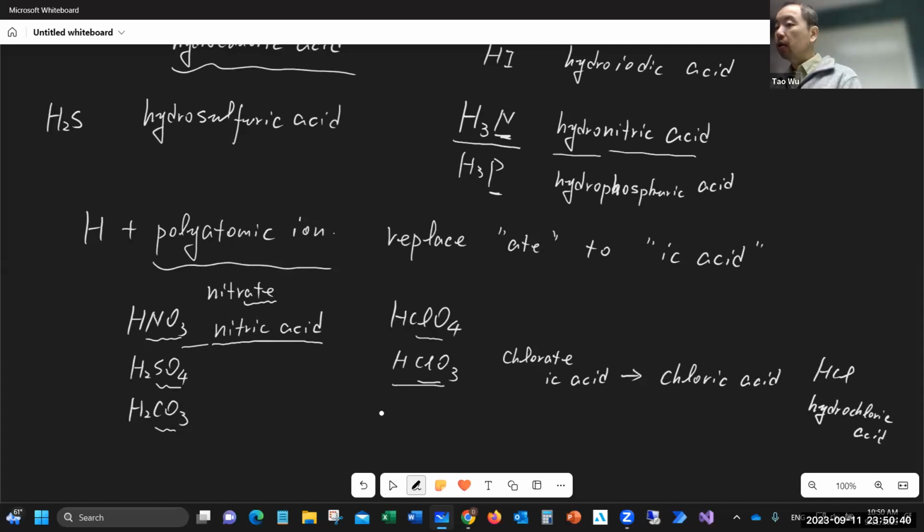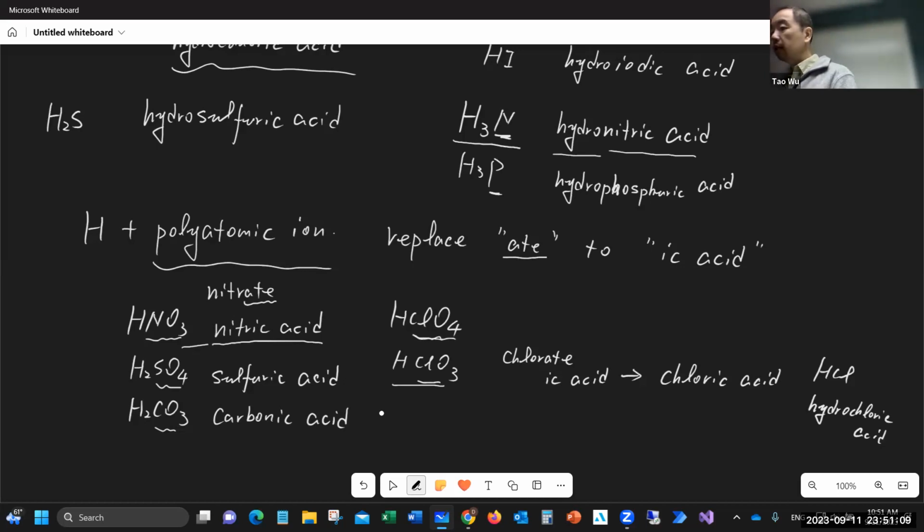This is called sulfuric acid. And this is called carbonic acid. Carbonic acid. And if you look at this one, it's the same thing, right? As long as the ending is ATE, they're doing the same thing.